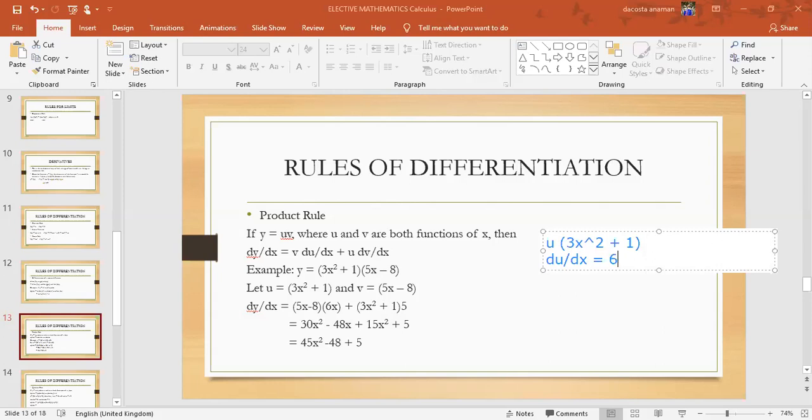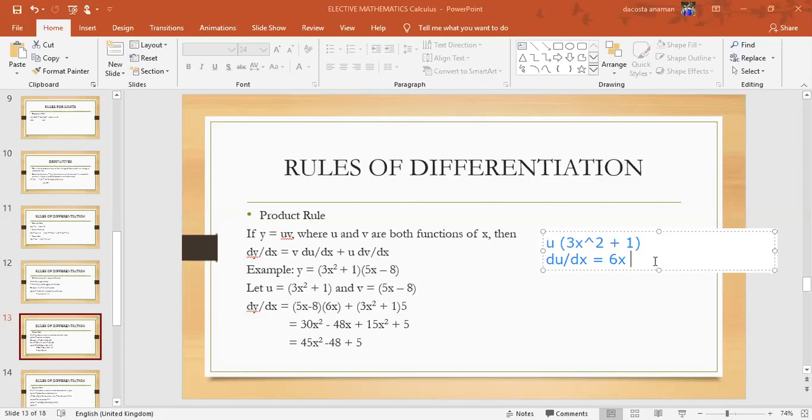So that will give you 6x. Then 2 minus 1 will give you 1, x raised to the power 1, which is invisible. We don't write it there. Plus 1 is a constant. Differentiating a constant will give you 0. So differentiating u, which is 3x squared plus 1, will give you 6x.